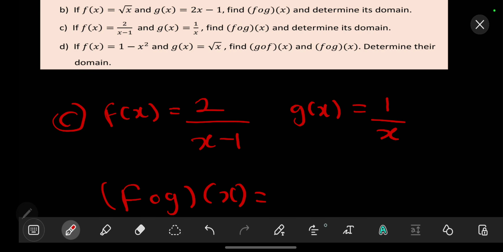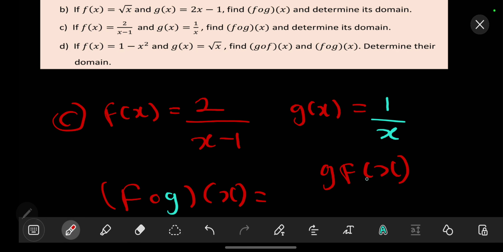Whatever last letter you have, you look at it first. Does it have a condition upon which you cannot put a certain value? If it does, set that limit in advance. So if g was the first one to set g f of x, we could not look at the limit for g.